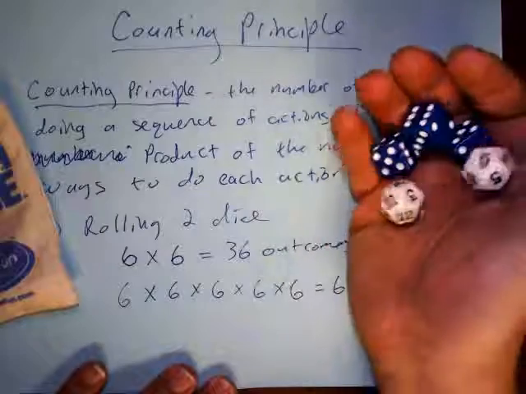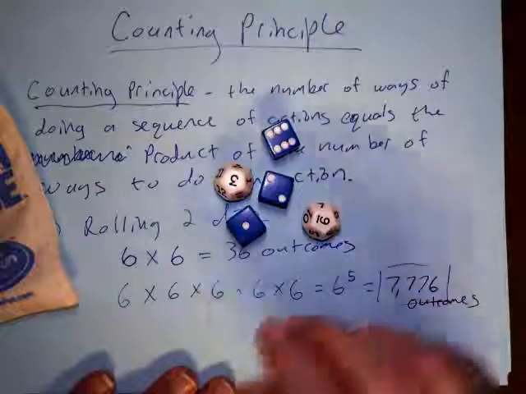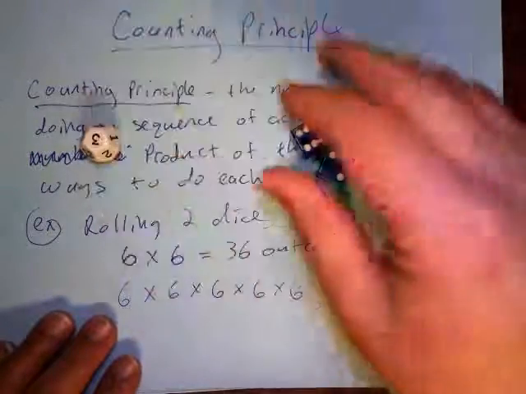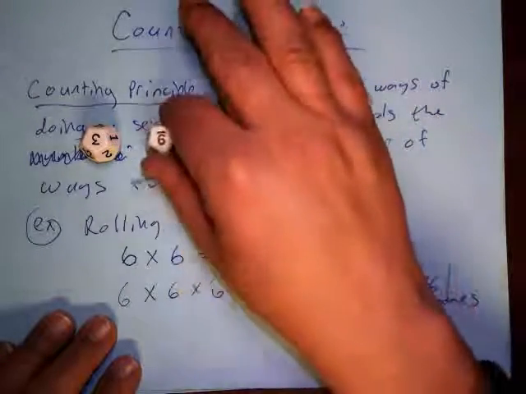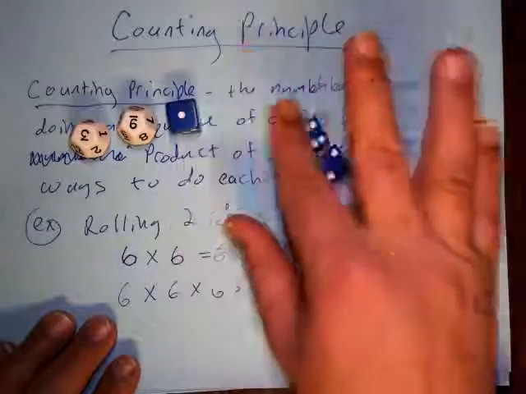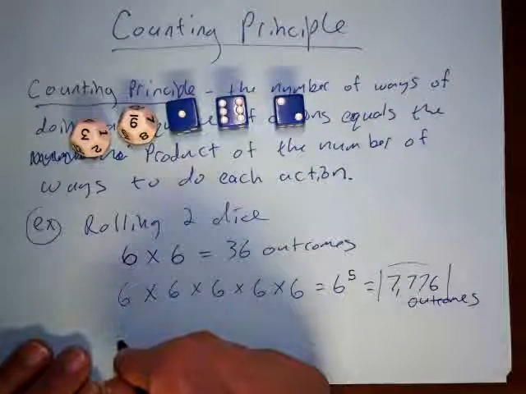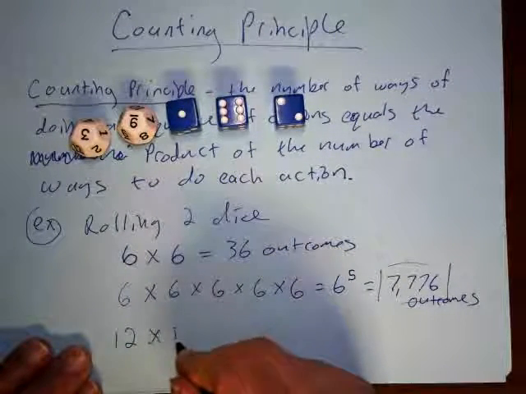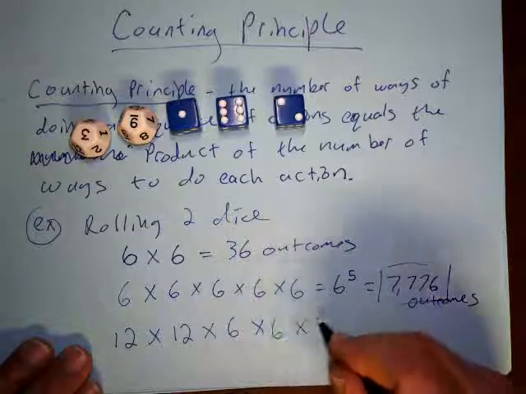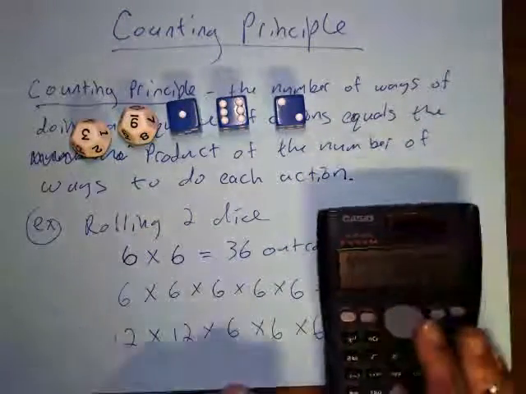So what about this game where you roll these 5 dice here? Well, you can think of this as a sequence of 5 actions, where one action is rolling a 12-sided dice, another a 12-sided dice, and then a 6-sided dice, and a 6-sided dice, and a 6-sided dice. So I could do 12 times 12 times 6 times 6 times 6, and then I could find the total number of outcomes.